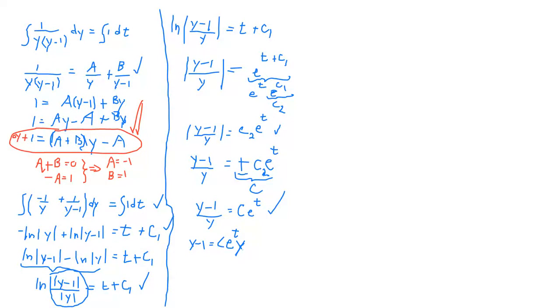And that means that negative 1 will equal C times e to the t y minus y.